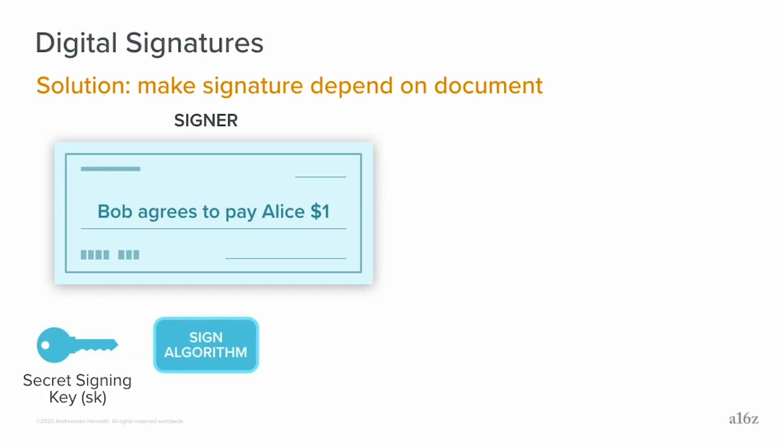Here, in the digital world, you look at what you're signing. That becomes an input to the signing algorithm, along with the secret signing key. These two things together, the signing key and the data being signed, produce the signature. So now the signature depends on the data.